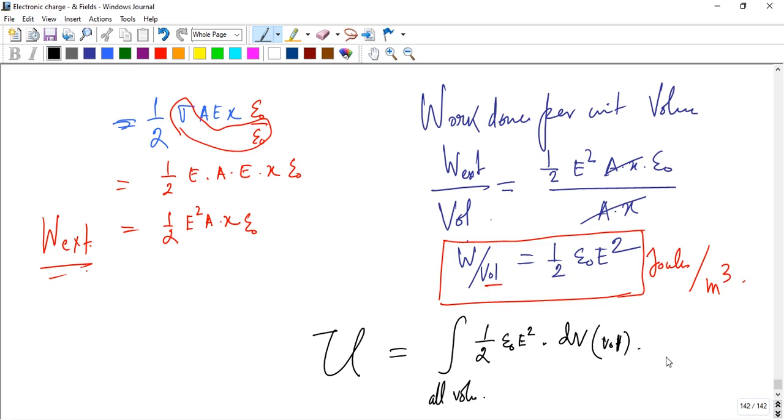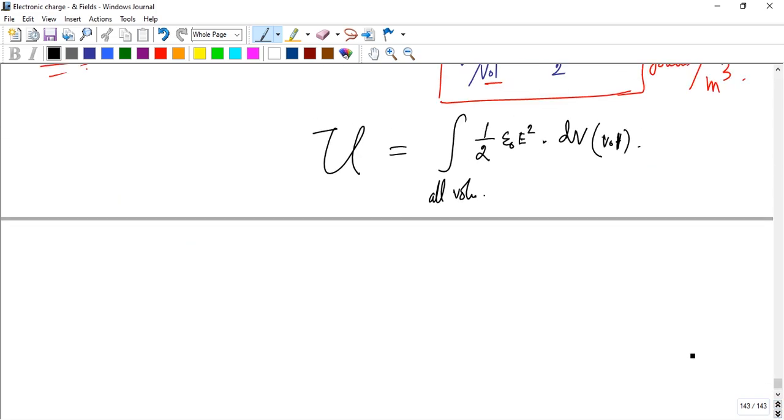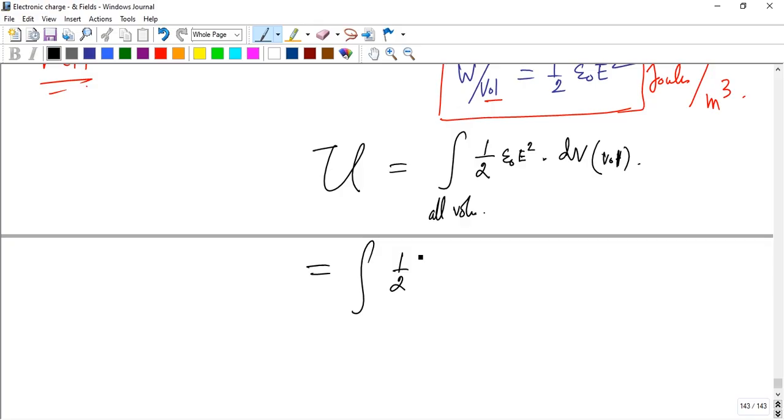Now you see that energy, the integration. Here the integration of half epsilon naught, and here E square, E means sigma over epsilon naught, so sigma square over epsilon naught square times dV.